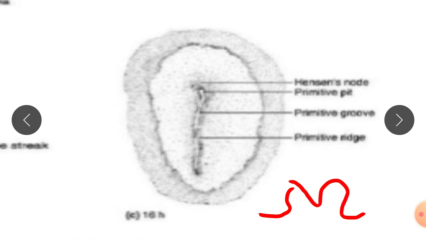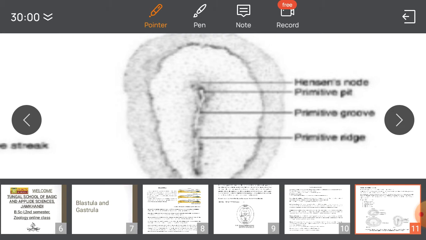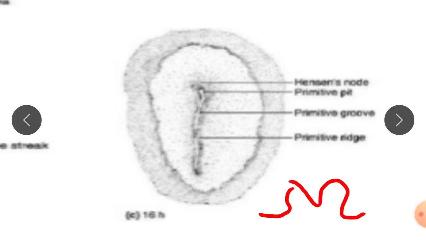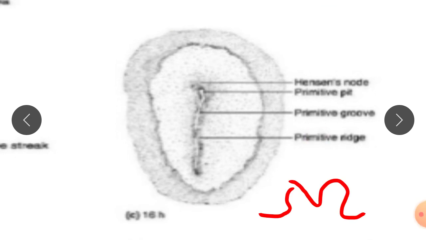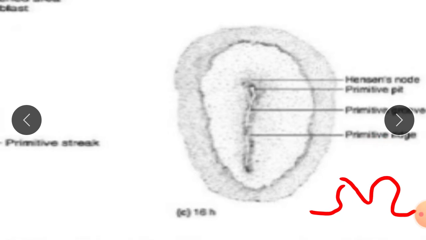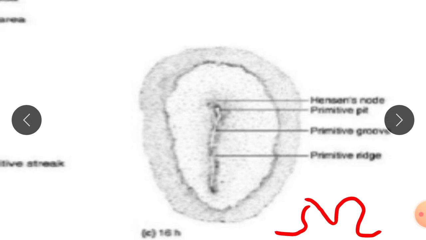Okay, and this continues. So primitive groove, primitive ridge it is. Then the Hansen's node.